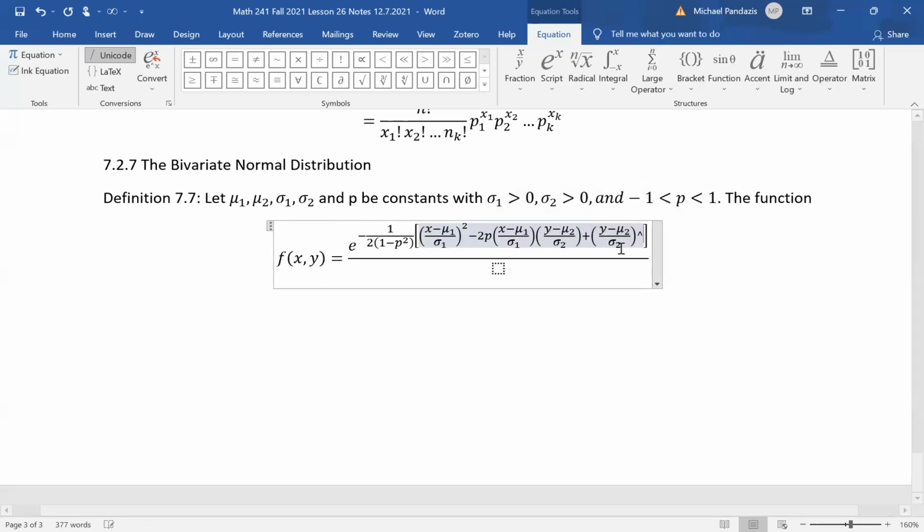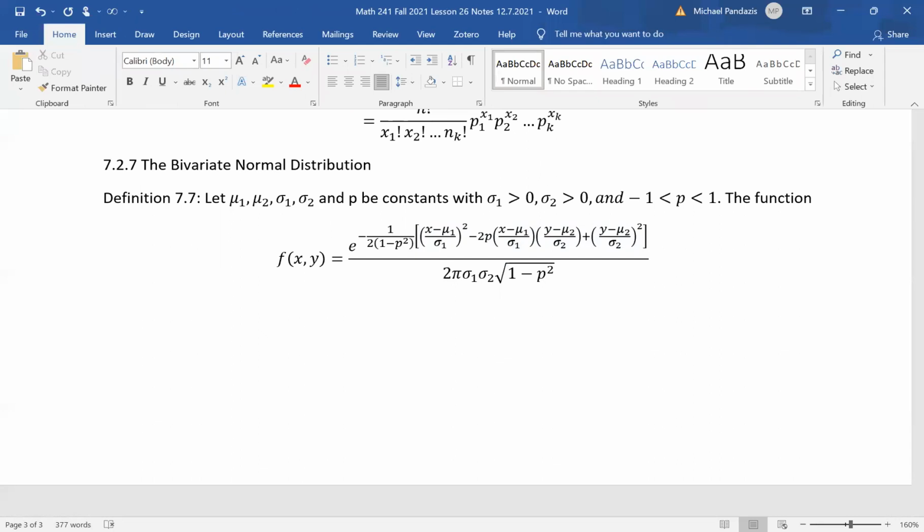Write it like that. Squared. All of that divided by 2 pi sigma 1 sigma 2 times the square root of 1 minus rho squared.